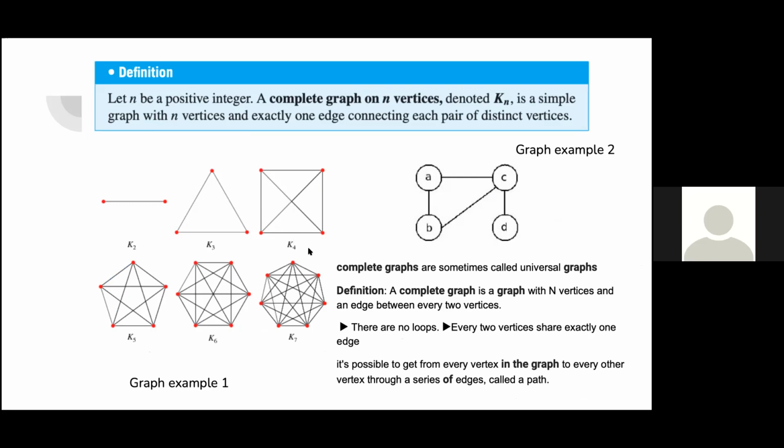So this is definition 1. Now it's Jackie for definition 2.